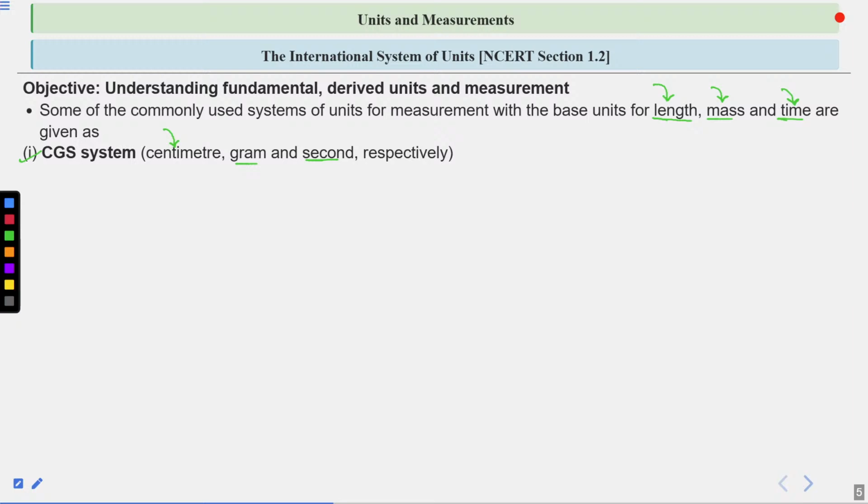Second is the FPS system. Similarly, in the FPS system, length is measured in foot, mass in pound, and time in second respectively.